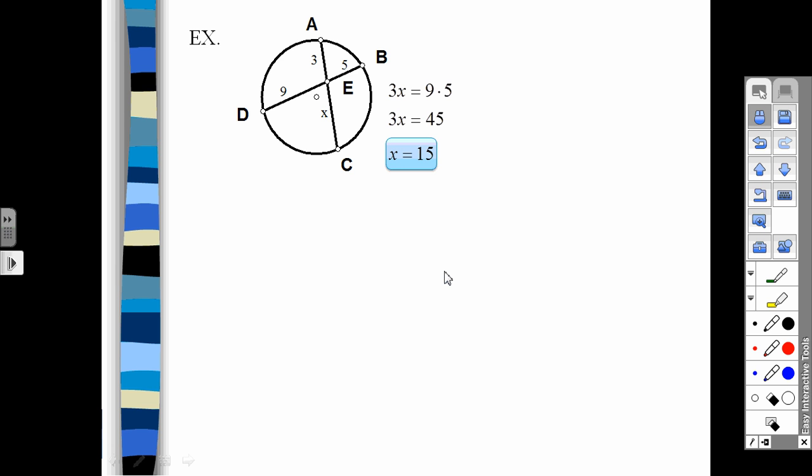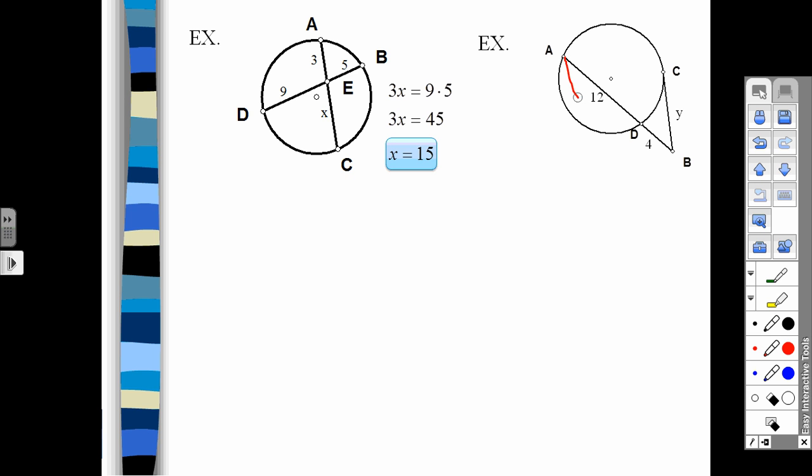All right, so let's take a look at an example for the tangent-secant power theorem. So here they're asking us to actually find this length of the tangent segment. And they've given us the little piece, dB is 4, and they've given us that the chord itself is 12. So the first thing that we're going to need to do is actually add this together because we need this entire length.